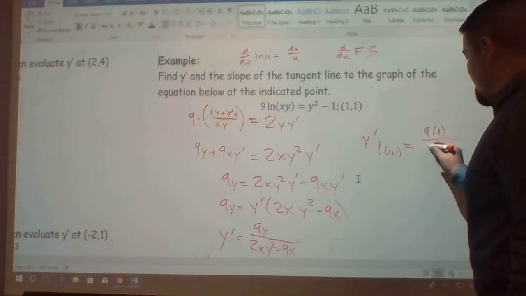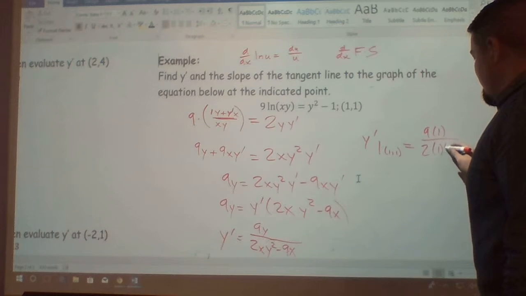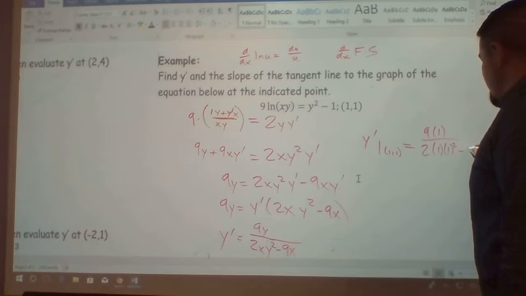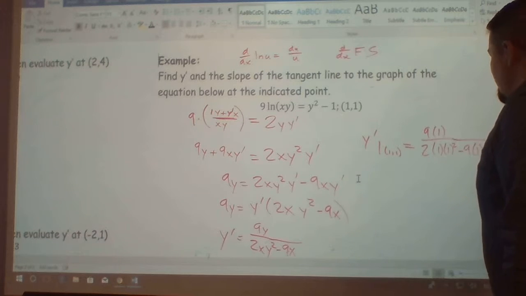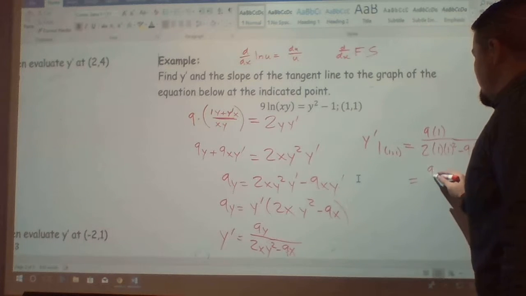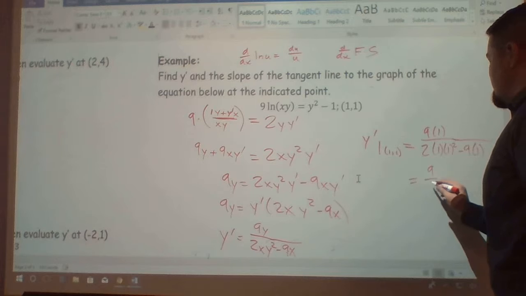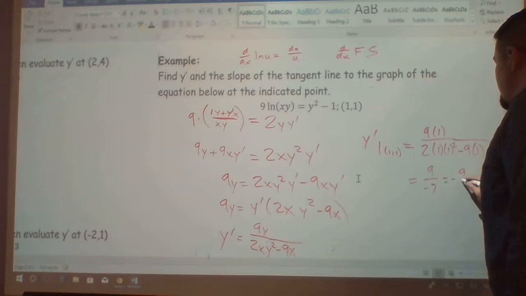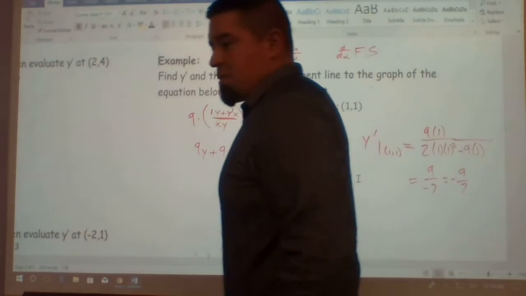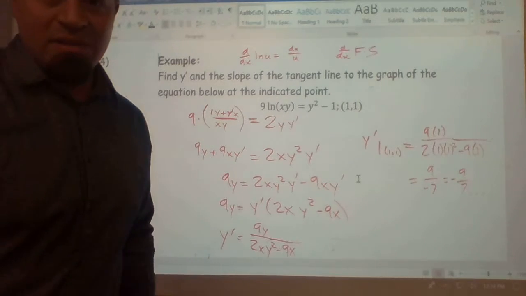On other problems you got to be more careful, but here, since they're both ones, we'll just plug away. That gives us 9 over 2 minus 9, which is negative 9 over 7. Okay, so that's that answer there.